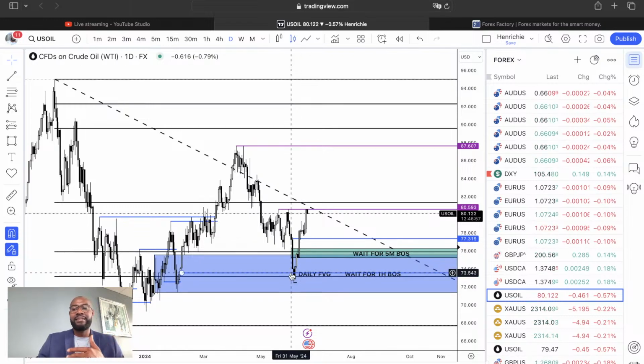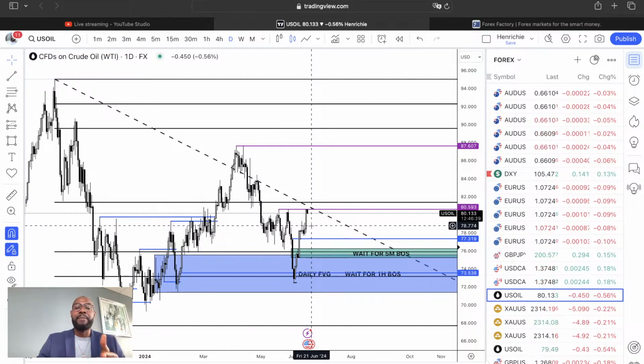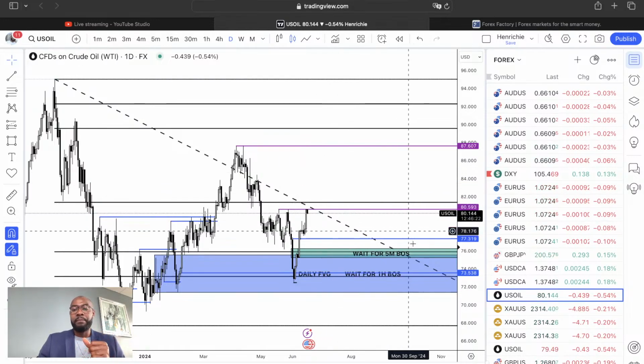You can use things like Trading 212 and basically have it automatically tell you when oil comes to $73, just buy maybe $500 worth of oil or $1,000, whatever you can afford to lose at the end of the day, because everything in trading is a risk. There's no certainty. In as much as I believe this should really rally to the upside, there still isn't any certainty that's going to happen. That is why we always use risk management, so that if it doesn't go our way, we lose very little. If it goes our way, we win big.